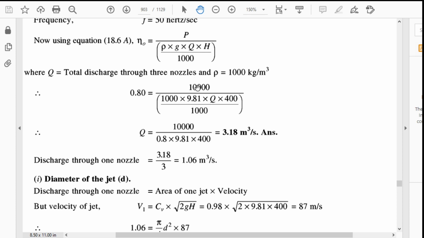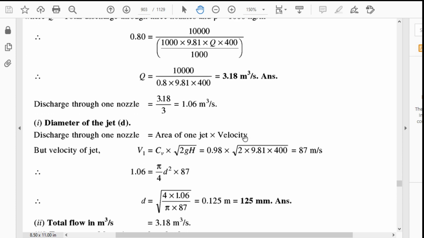Power is known, 10,000 kilowatts, and H is known, 400 net head, and overall efficiency is 80%. So we have found the discharge Q. This 3.18 meter cube per second is your total discharge.